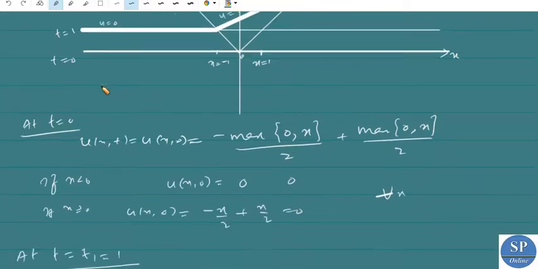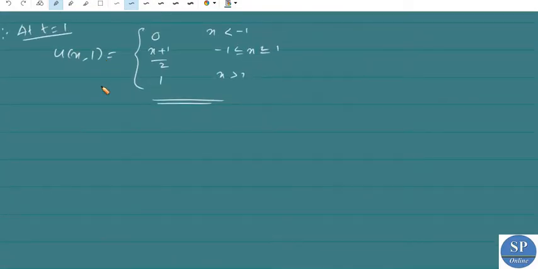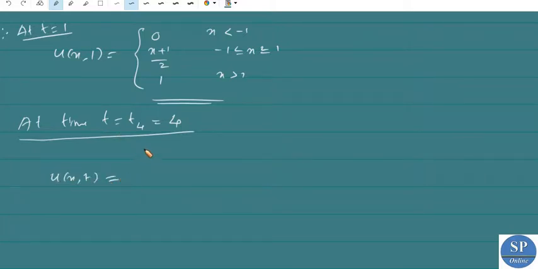In a similar way, we can find the solution at a time t equal to 4. At t equal to 4, the solution is u of x is 0 for x less than minus 4, and (x plus 4) divided by 2 for minus 4 less than or equal to x less than or equal to 4, and it is 4 if x is greater than 4.